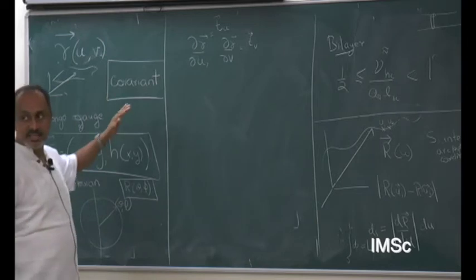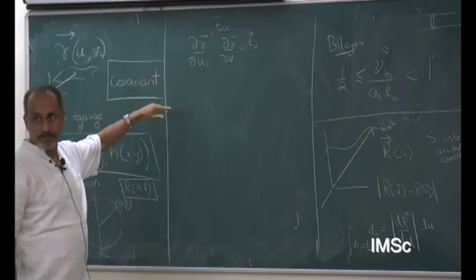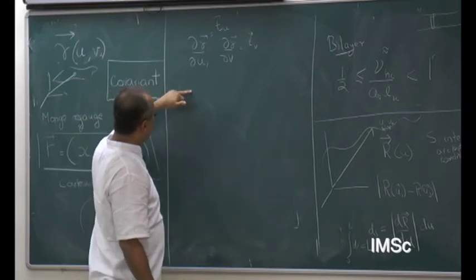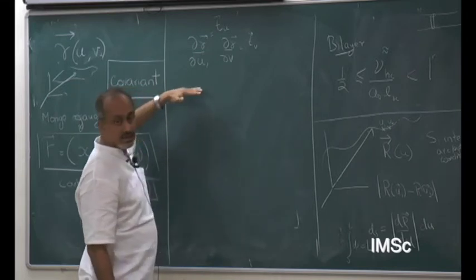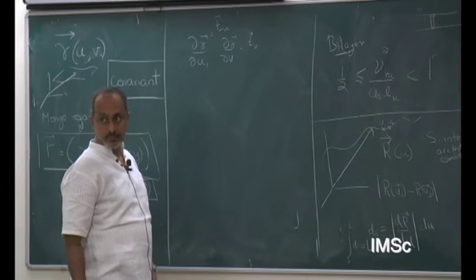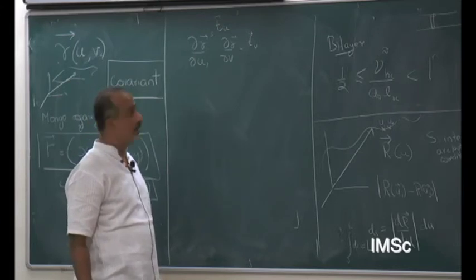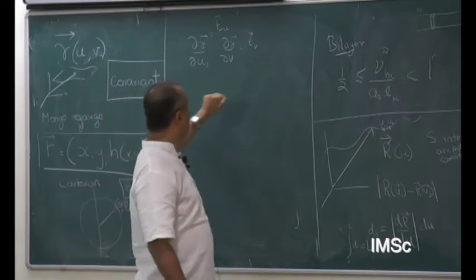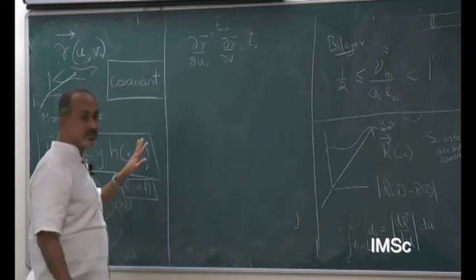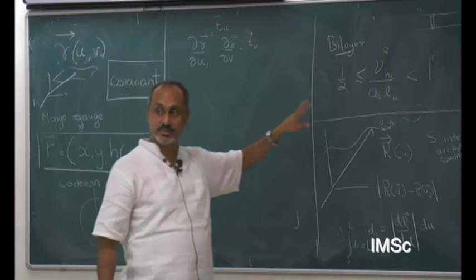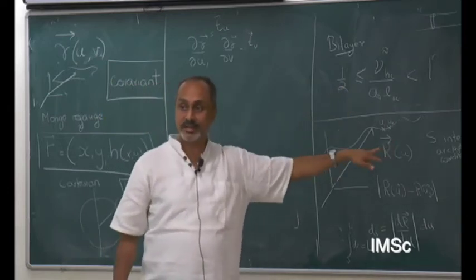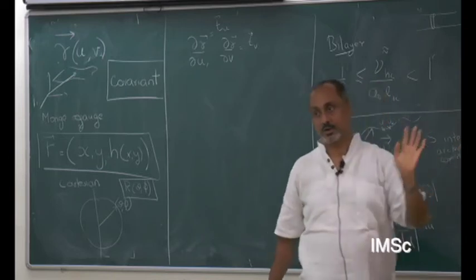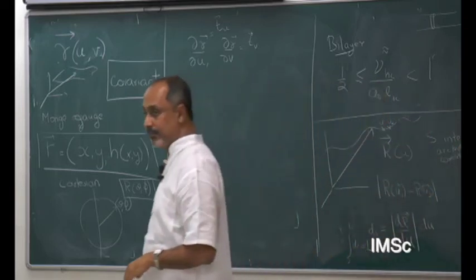They're tangent to the surface because they just say, as I move from here to here, from 2 points across here, what is the direction in which my vector r changes. They are not normalized. They are not required to be normalized because I am still working in the description of the u's and the v's. I have not gone to a description which automatically makes them normalized, as we did in the polymer case.